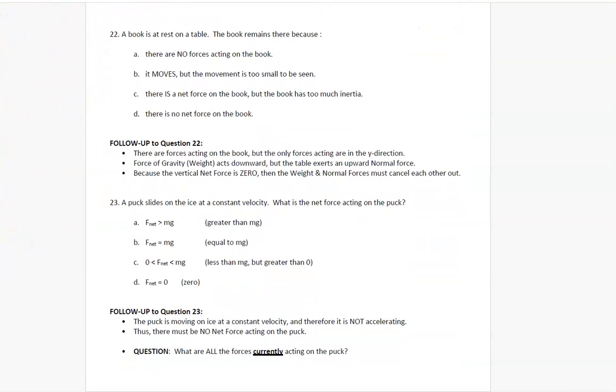Number 22, a book is at rest on a table. Okay, it's at rest on a table. The book remains there because A, there are no forces acting on the book. B, it moves, but the movement is too small to be seen. C, there is a net force on the book, but the book has too much inertia. Or D, there is no net force on the book. Well, let's diagram it out. We've got a table, and we've got a book sitting on the table.